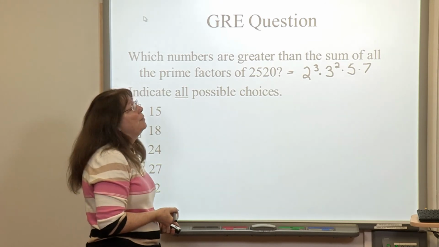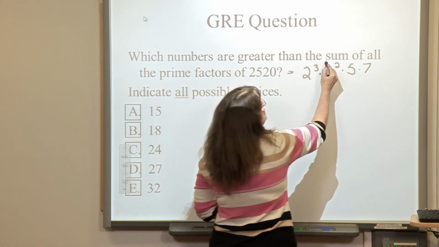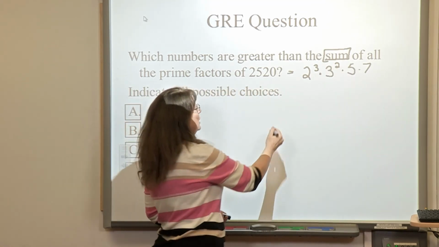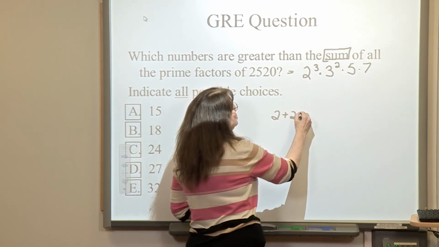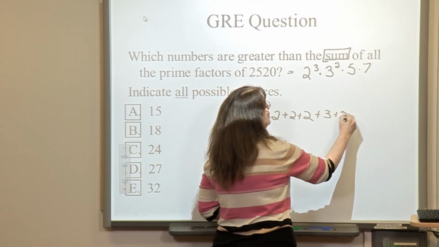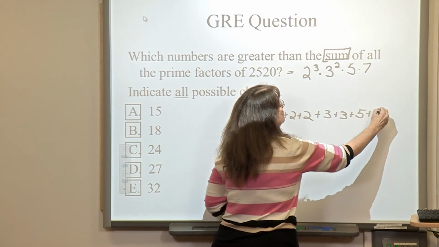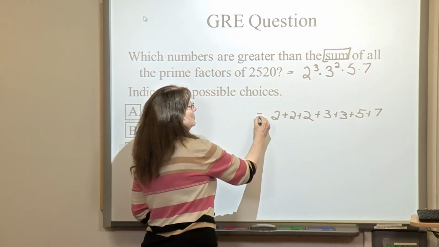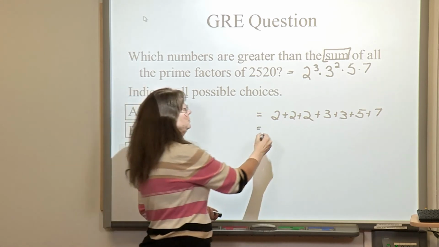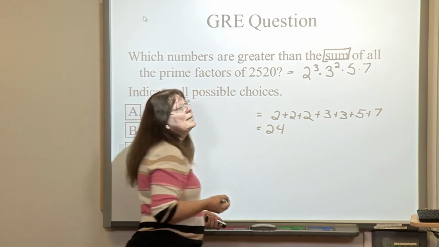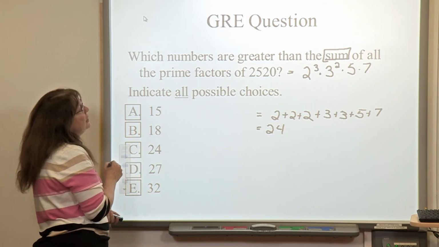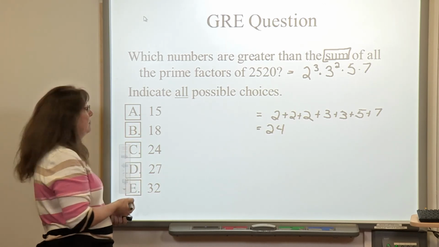They're asking you about the sum. So for this, I'm going to need to add all those values together. I'm going to be adding 2, 2, 2, 3, 3, 5, and 7. My total is going to be 24. So the sum of all those prime numbers is 24, and the question asks me to pick numbers that are greater than the sum.